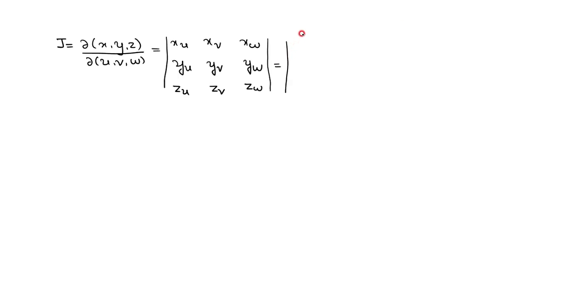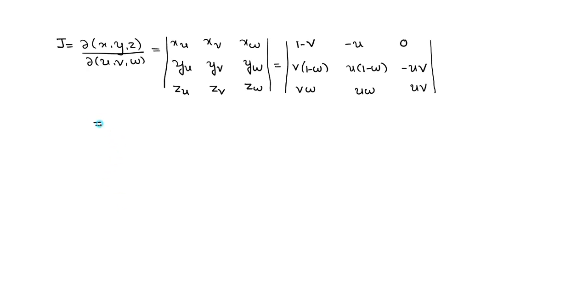It is 1 minus v, minus u, 0; v(1 minus w), u(1 minus w), minus uv; vw, uw, and uv. So it is a 3 by 3 determinant.